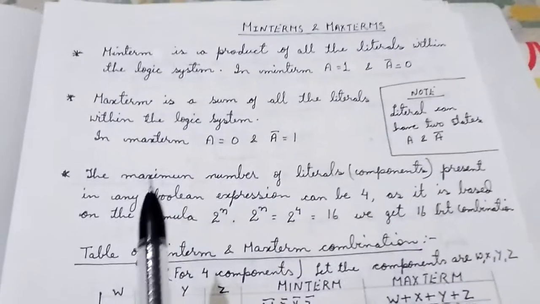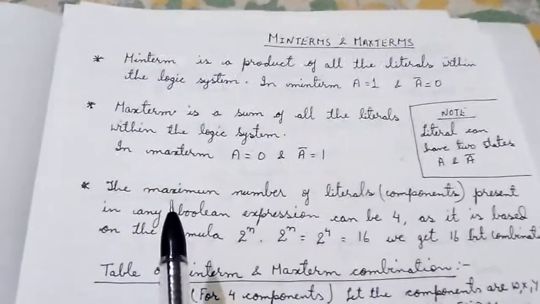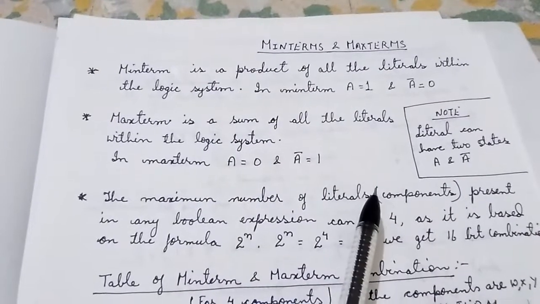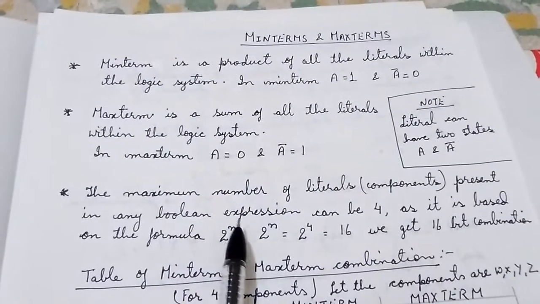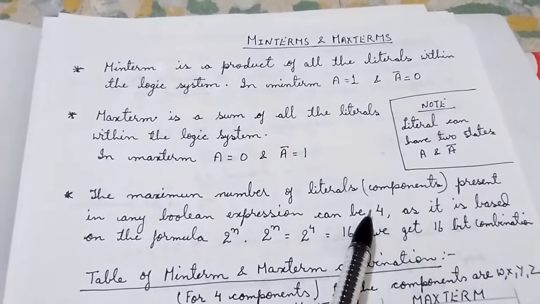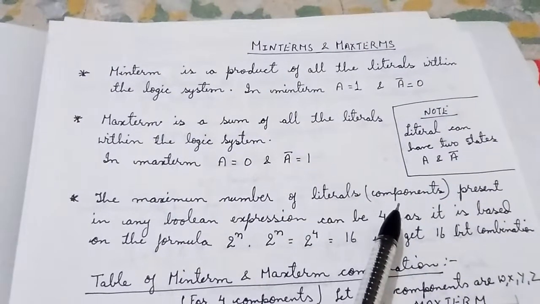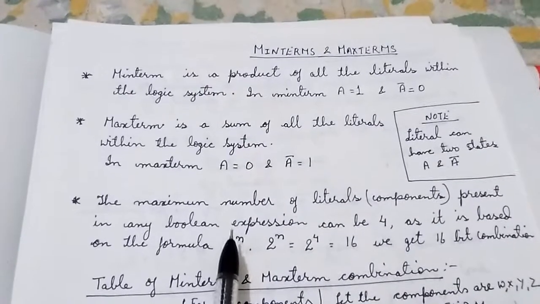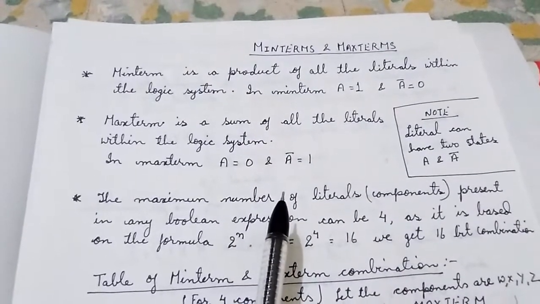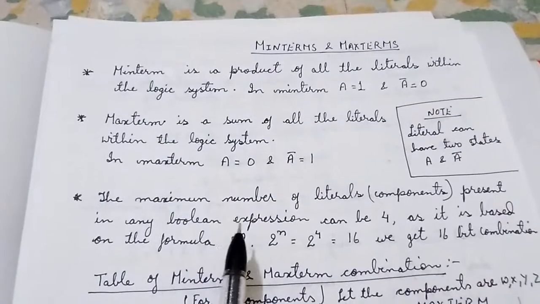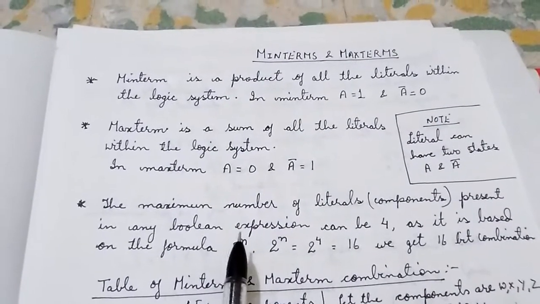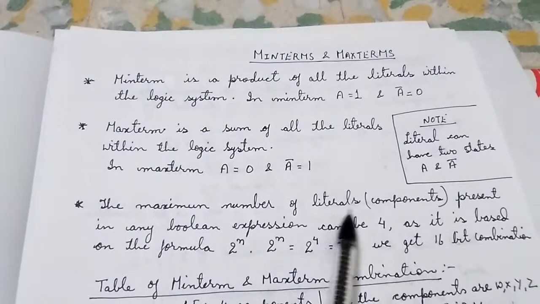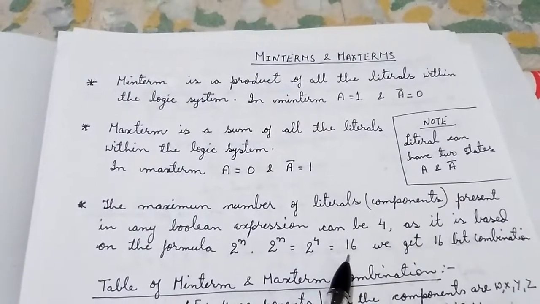If you remember, as we proceed, the maximum number of literals or components present in any Boolean expression can be 4 because it satisfies the formula 2 to the power of n. If we take two components, then we can get only 4 unique combinations, which will not satisfy all the decimal number systems.